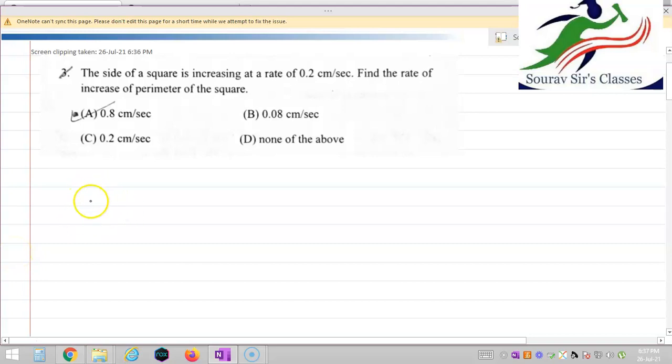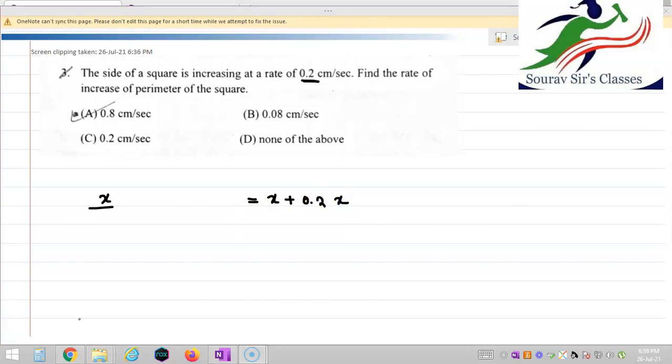Let x be the side of the square. Then as the side is increasing at a rate of 0.2 centimeter per second, after 1 second the side will be x plus 0.2 times x.